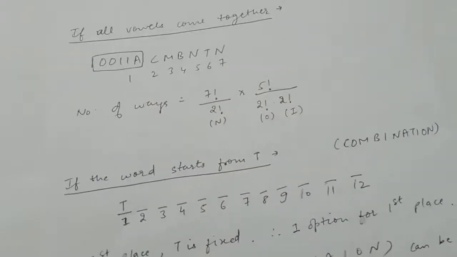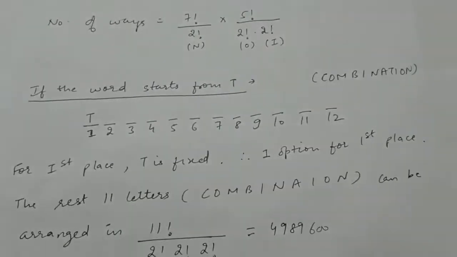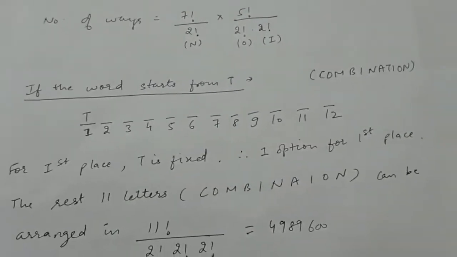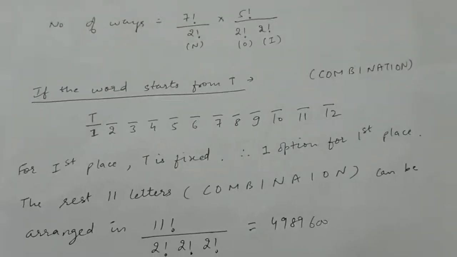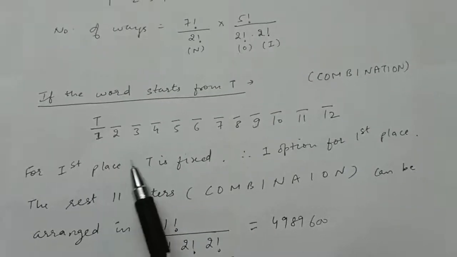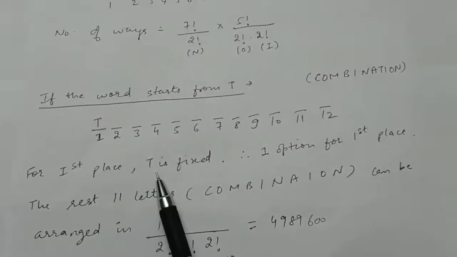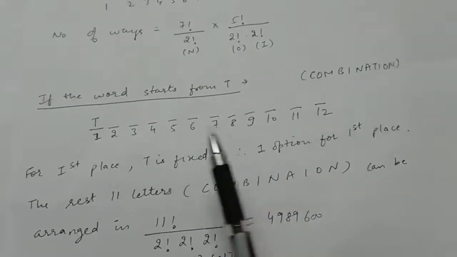Now next is if the word starts with T. So see, if the word starts with T, then at the first place only T can come. So the first place is fixed with T. Therefore for the first place we have only one option. Now there are 11 places left.